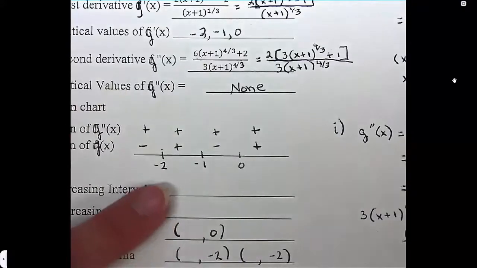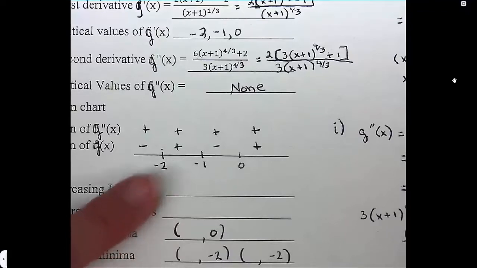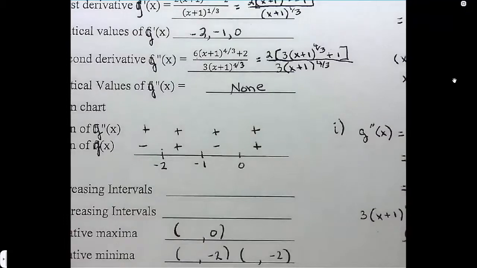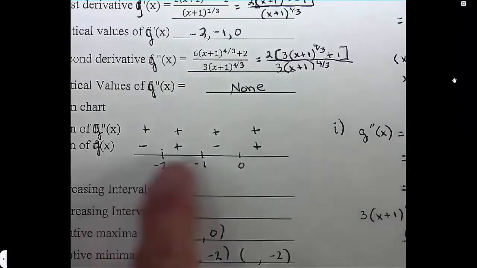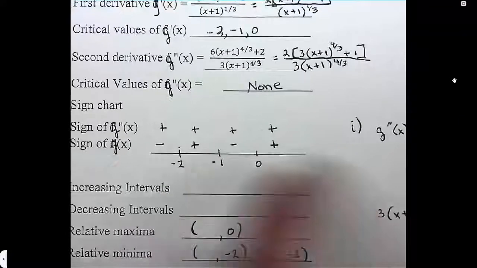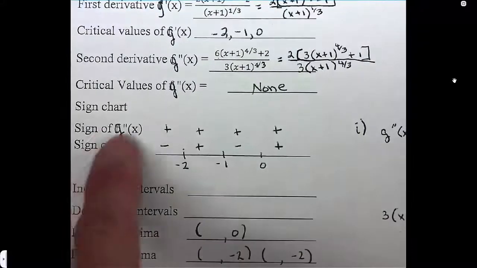All right, I made my sign chart, with the critical numbers negative 2, negative 1, 0 on there. I don't need to put in any endpoints because this domain was negative infinity to infinity. I don't have any vertical asymptotes to make a note of. So I just chose 4 test points, and those 4 intervals substituted into the first and the second derivative.